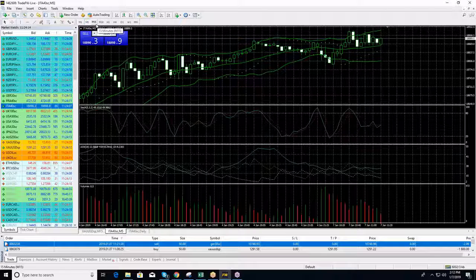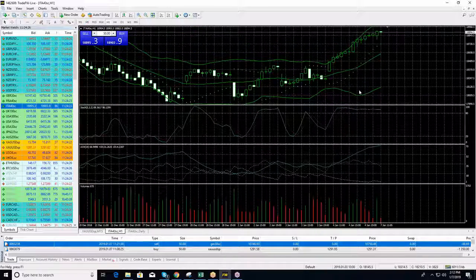On Italy 40, it looks very strong, like a long trade. Extremely like a long trade. Yes, guys, we will go long. It's unusual that we go short on DAX and long on Italy 40. We don't do that very often.